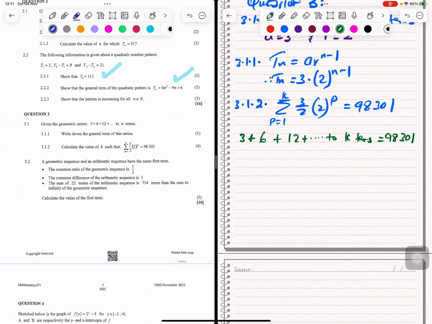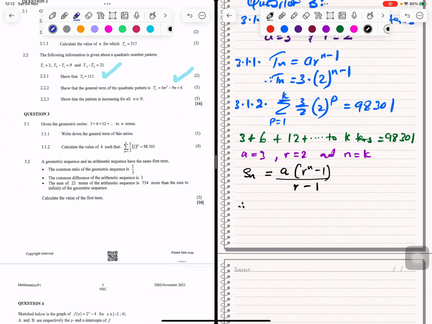Now let's try and analyze it in this way. We have our a, we have our ratio, we have n as k. I can pen it down for you that a here is 3, and the ratio is still 2, but what changes now is n is k in our general formula. So our general formula is going to be Sn equals a. Because the ratio is bigger than 1, I'm going to say that is r to the power n minus 1, divided by r minus 1.